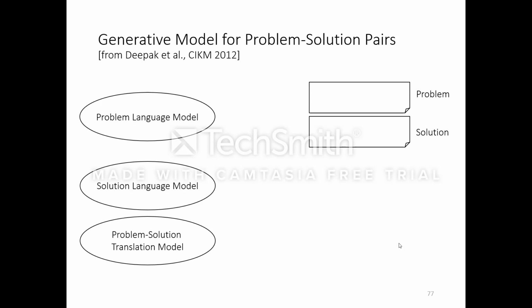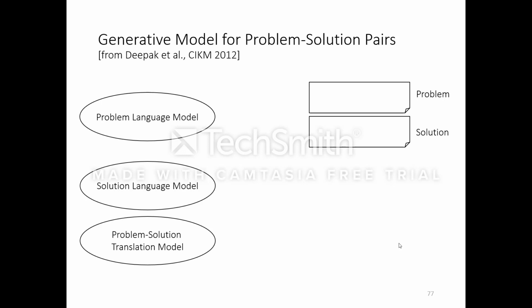The problem language model basically assigns high probabilities to those words, and these are all unigram models, that are common in the problem. And the solution language model similarly does it for solutions, right? We're using question answers interchangeably as problem and solution, but that is not to be confused.